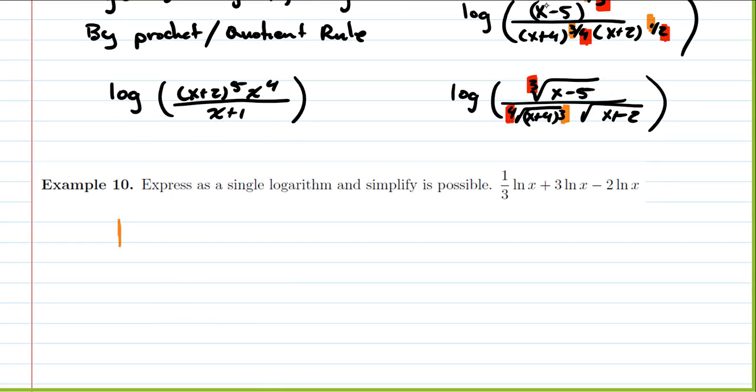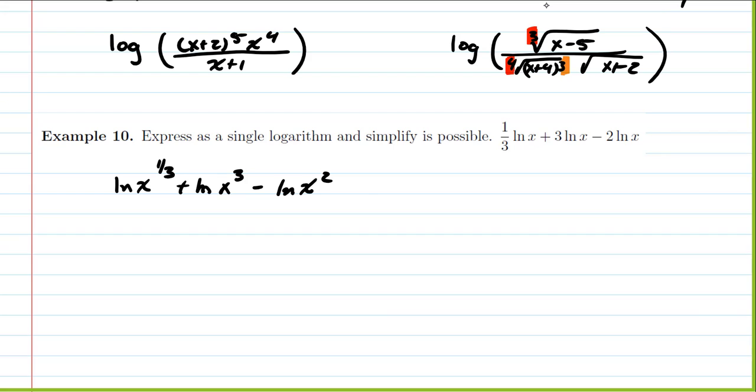So we do the natural logarithm of x to the 1/3 plus the natural logarithm of x cubed minus the natural logarithm of x squared.